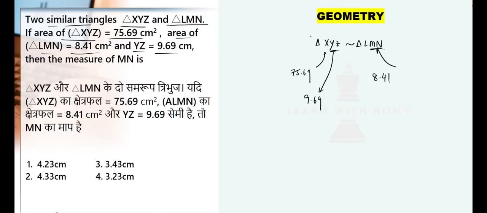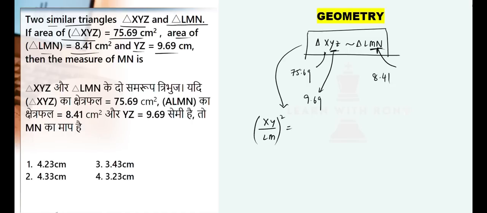See here, they said both triangles are similar. We know that when two triangles are similar, their sides ratio squared, XY by LM, YZ by MN, XZ by LN, all squared, will be equal to the ratio of their areas, which means area of XYZ divided by area of LMN.